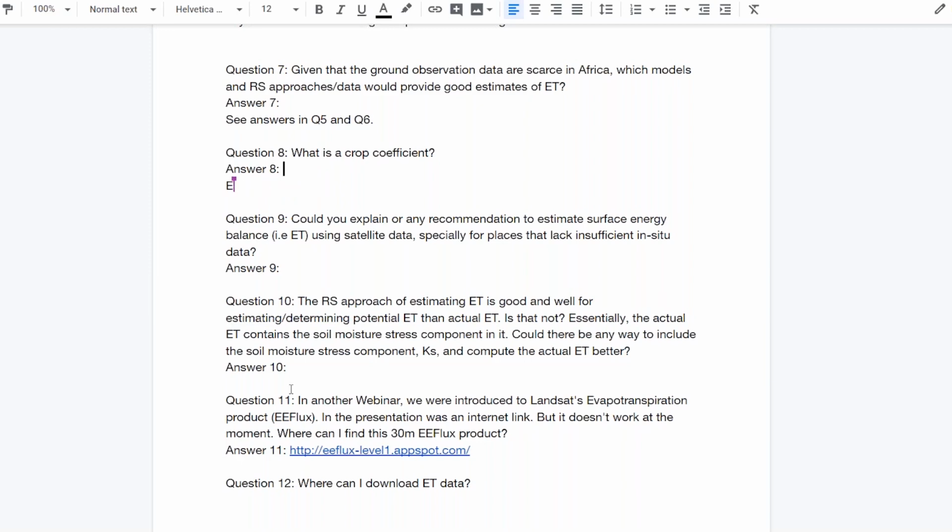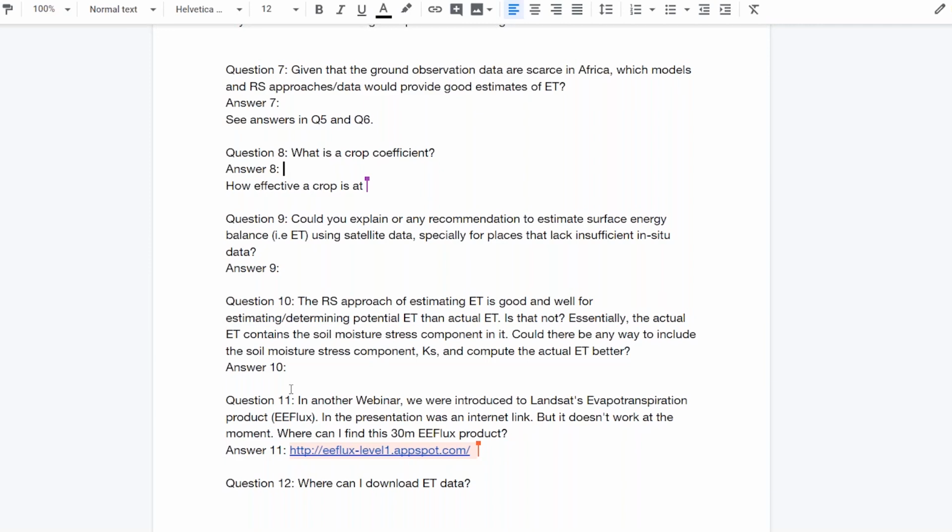So it's essentially how effective a crop is at producing transpiration. Because some crops use more water, some crops use less water, that's why we have crop coefficients to represent those changes in water use dynamics across crops. So I think that's probably the best way of looking at it.